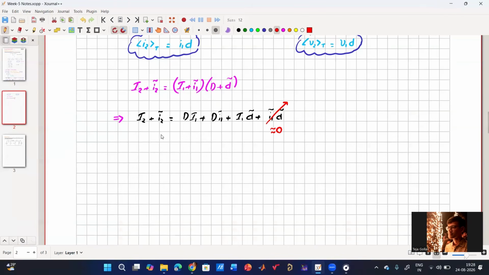I1 tilde into D tilde is a product of two variables, so it is non-linear. The final aim is to linearize the model. Whatever gets me to a linearized model, I'm making assumptions for. So we are getting the benefit of the small signal model at the cost of limited model validity.